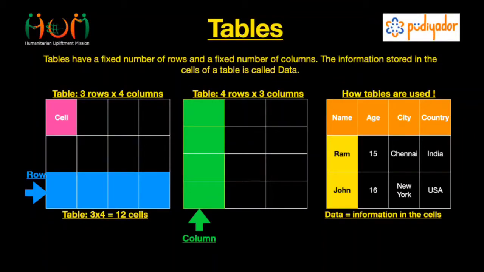So this table, think of it as a square, we also call it a matrix in mathematics. All it has is basically some number of rows and some number of columns. So in the left diagram here, for example, you see the row that is in blue.